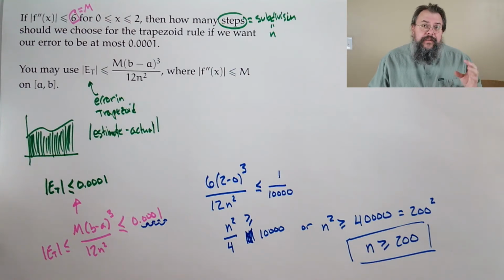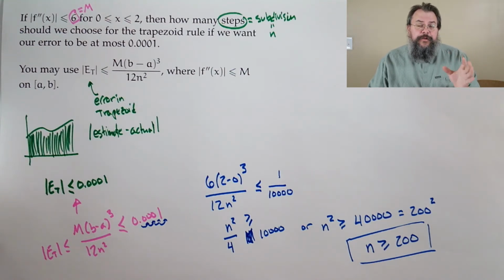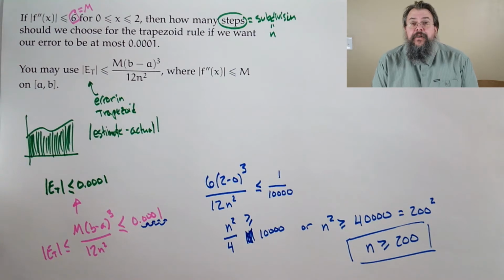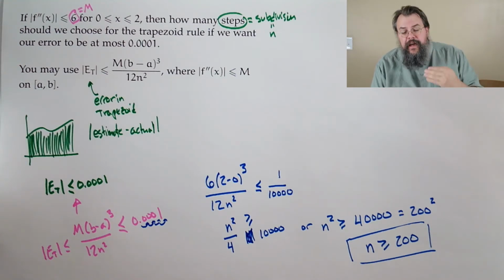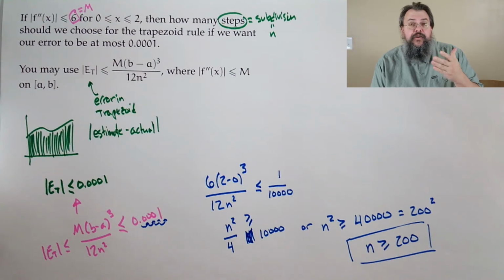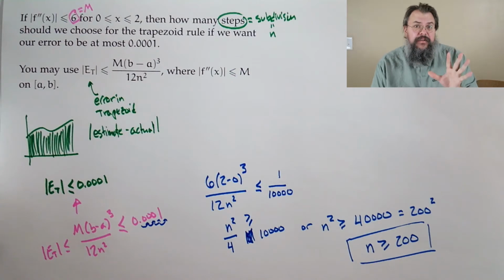There's another thing, though, that's a little bit more subtle, and I want to talk about it for just a moment, since we have time, and we're among friends, so we can have this discussion. Now, does that mean that our error is going to become 0.0001 at 200? And the answer is kind of.